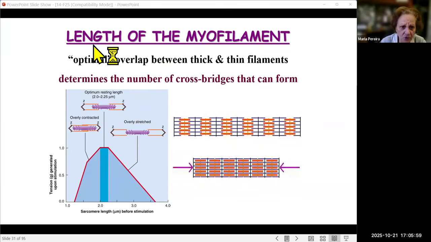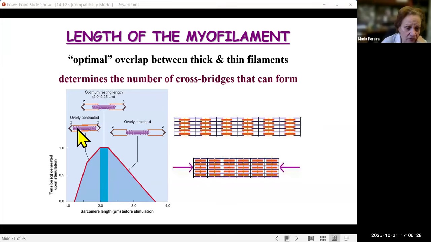But it also depends on the length of the myofilament. What does that mean? Think about the sarcomere, how much overlap there is between the thick and thin filament. If the overlap is very little, then the contraction is going to be very weak. The same if it's overstretched.